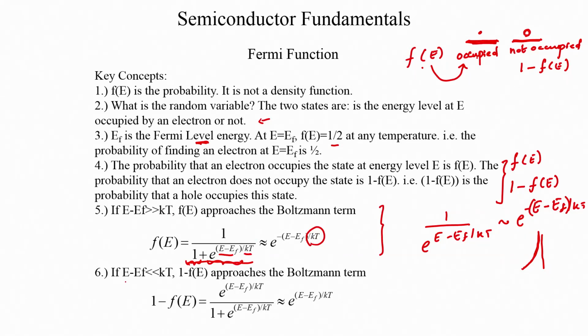Similarly, if E minus EF is much less than kT, okay, so this was the case when E minus EF is much greater than kT. If E minus EF is much less than kT, 1 minus f of E, which is basically the probability of occupancy by a hole, approaches the Boltzmann distribution, which says that the probability that a hole occupies an energy level E goes down exponentially as E goes much less than EF.